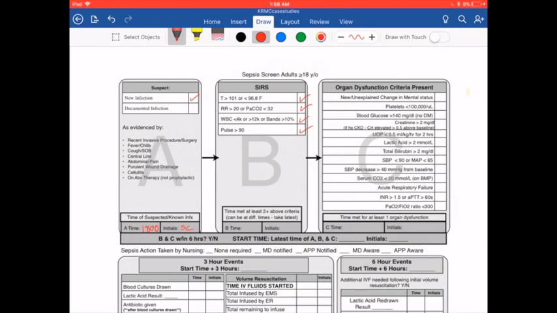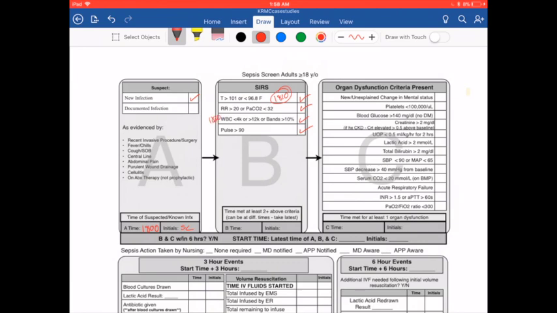So a lot of the times these things are met at different times, and the key is to take the latest time. So we know that we got the vitals right at 1810, and you don't have to write this down, but the white cell count was, you drew the labs at 1830.